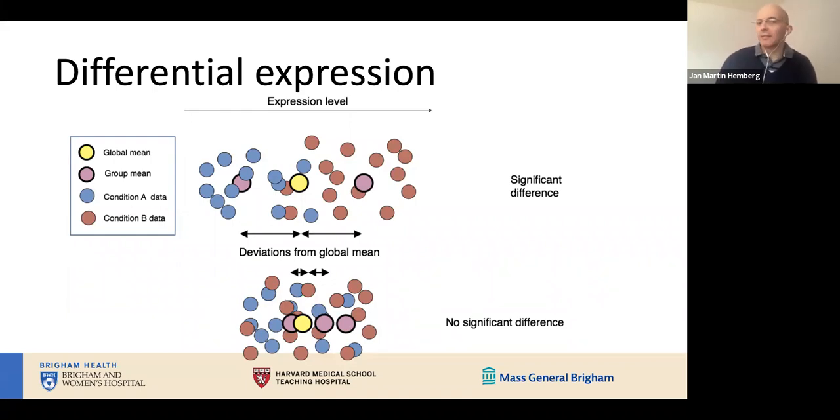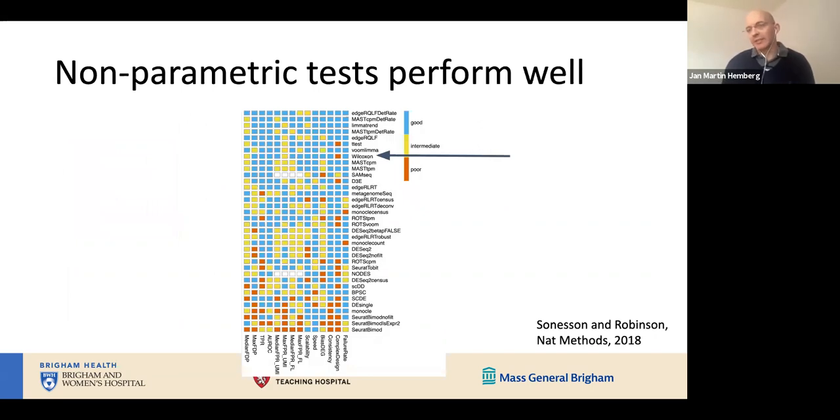There are lots of methods for doing differential expression for bulk RNA-seq. There are also lots of methods that have been designed specifically for single-cell RNA-seq. What's interesting is that in a big benchmarking study that was done a few years ago, where they tried to compare these, what turned out, rather surprisingly, at least from my point of view, is that the one method that performs really well, with blue meaning that it does well and red meaning that it does poorly, is just the standard Wilcoxon rank test.